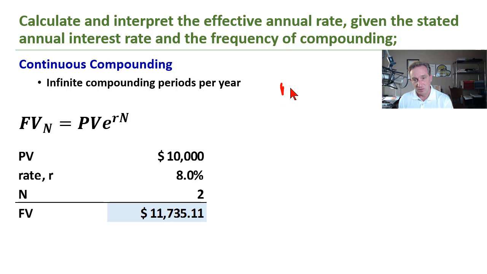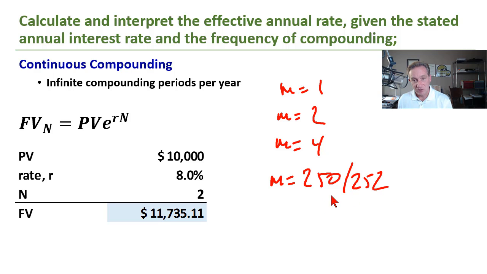M equals 1 annual, M equals 2 semiannual, M equals 4 quarterly, M equals 250 or 252 would be daily, as in trading days per year. I keep increasing that M until I have an infinite number of compound periods per year. So that's as far as I can go in compounding it.